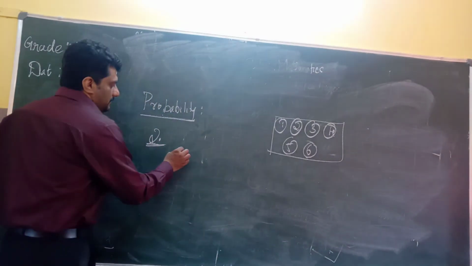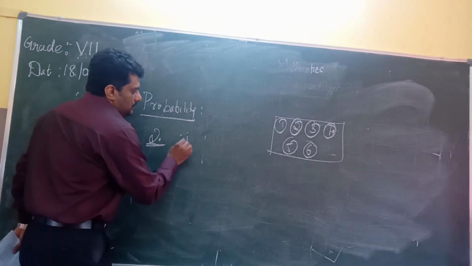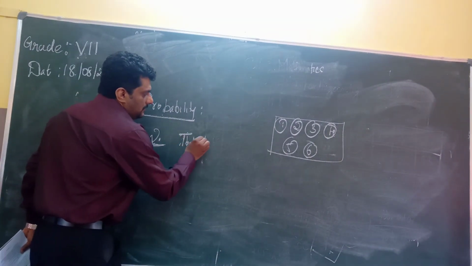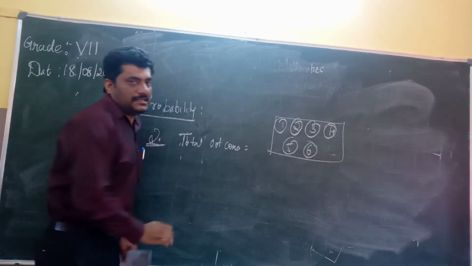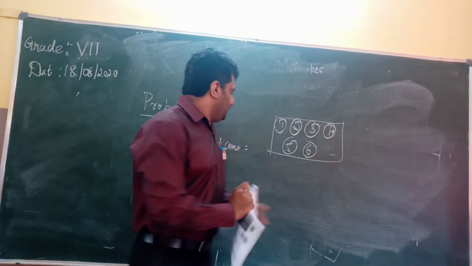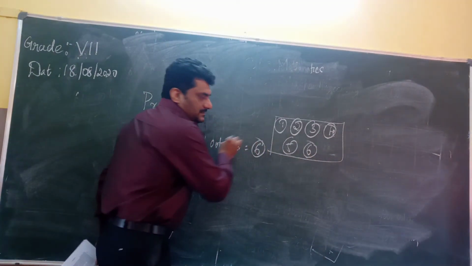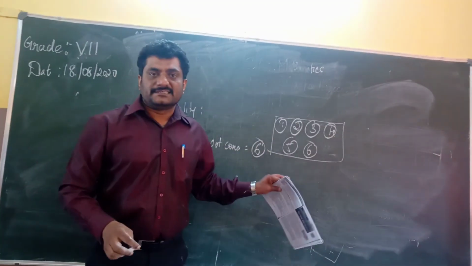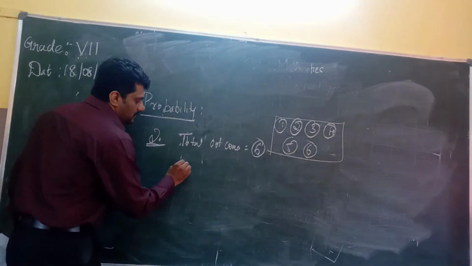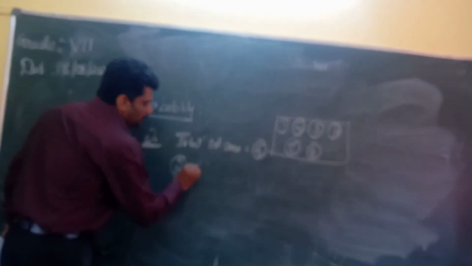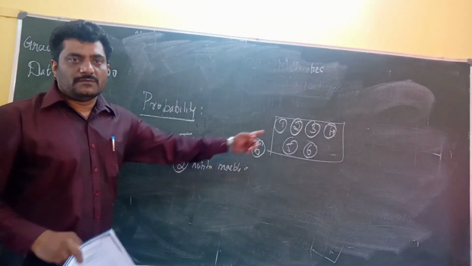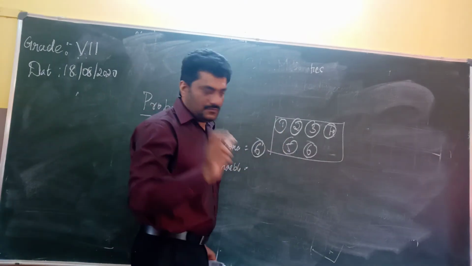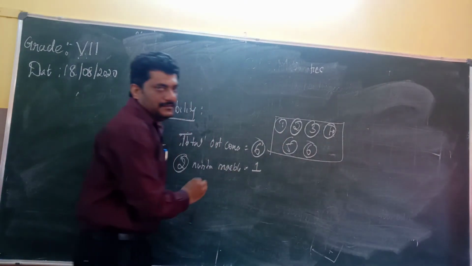Now here, total outcomes is nothing but how many marbles we have? We have 6 marbles. Now which are they asking for? They are asking for 2 numbered marbles. How many do we have? We have just 1. So you write 1.